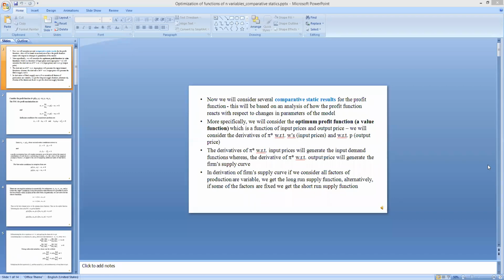Or if I change the output price, how X1 star, X2 star, that is the input demands, may change. So all these kind of exercises are coming under the periphery of comparative static results. More specifically, when we are considering the parametric shift, not the change in variable, but the change in parameter, then we are getting all comparative static results.